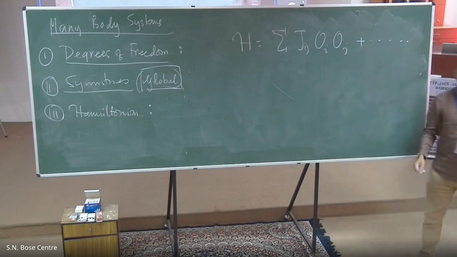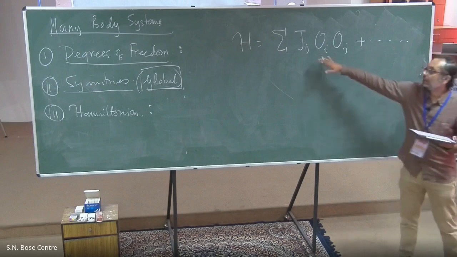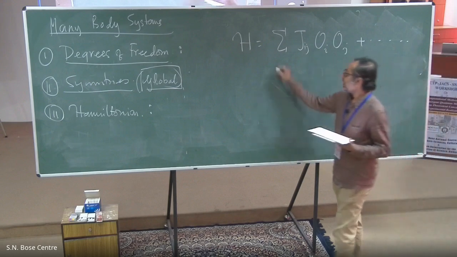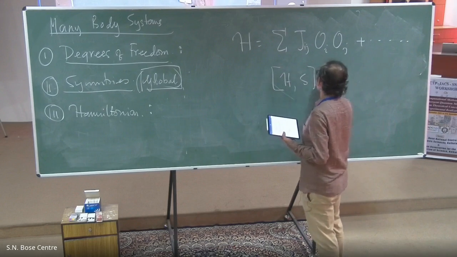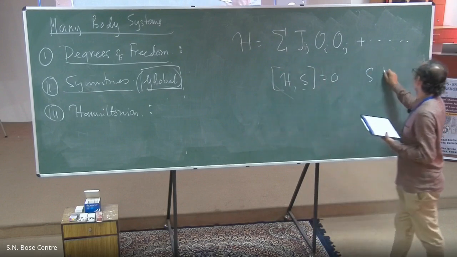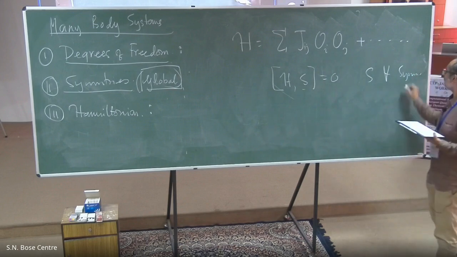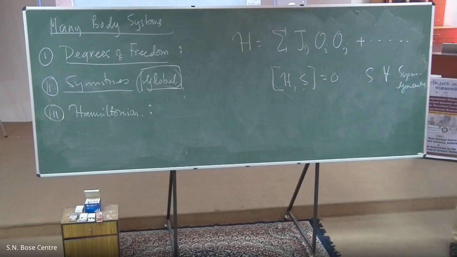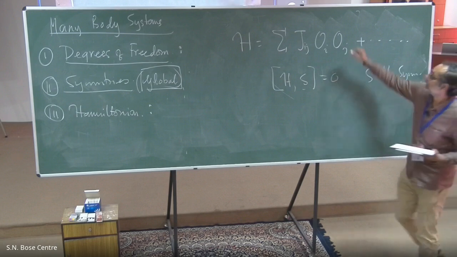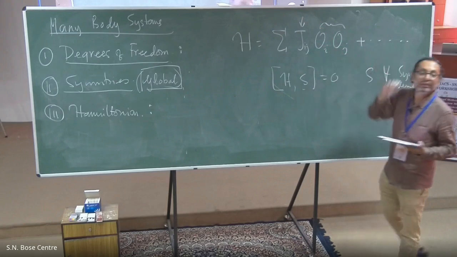You could write down a one body term, a two body term, etc. This is the structure of the Hamiltonian: this is the operator content, and this is the coupling constant.